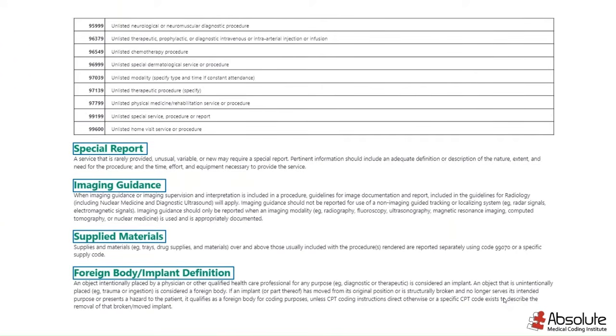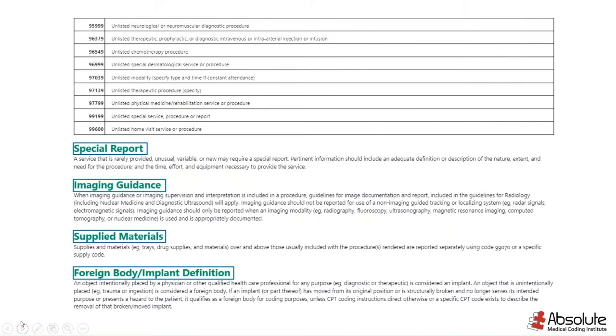And if an implant that has been moved from its original position or is structurally broken, and that no longer serves its intended purpose or presents as a hazard to the patient, it qualifies as a foreign body for coding purposes. So I guess now you all know the difference between a foreign body and an implant.